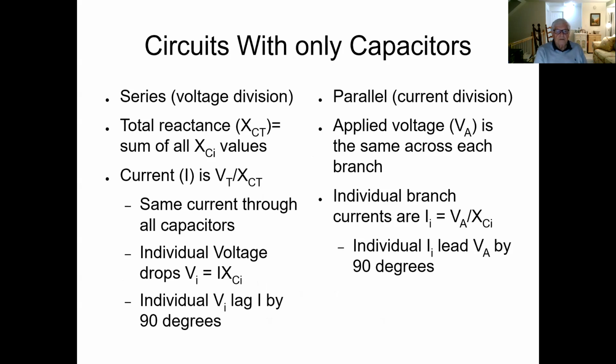But in this case, the individual voltages are lagging the current by 90 degrees. Parallel-wise, again, we have the same voltage applied to each branch, and each individual branch will have its individual current that's going to be leading the voltage by 90 degrees.